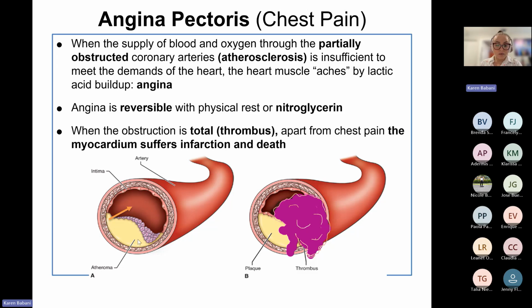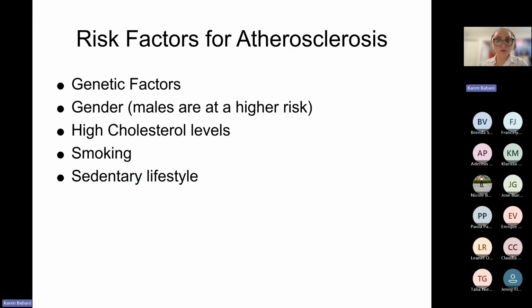Here you can see now what happens with the buildup of a little bit of the plaque. Obviously, we don't want to get to the point of a total blockage, a total thrombus, because that's where it causes the infarction. Here are the risk factors, genetics. Males, unfortunately, are at a higher risk of developing this.